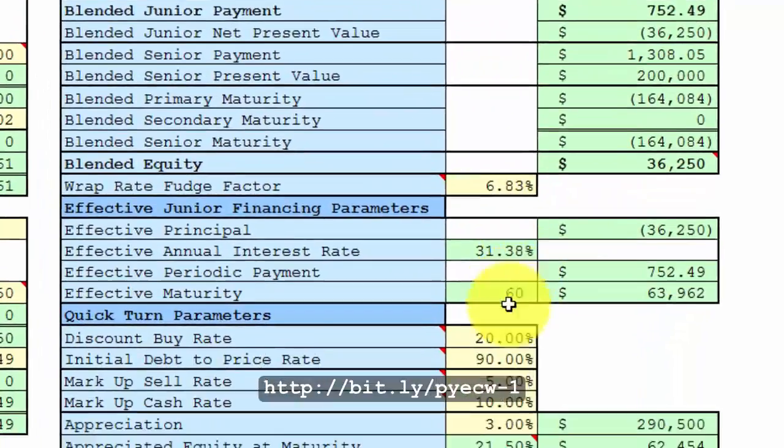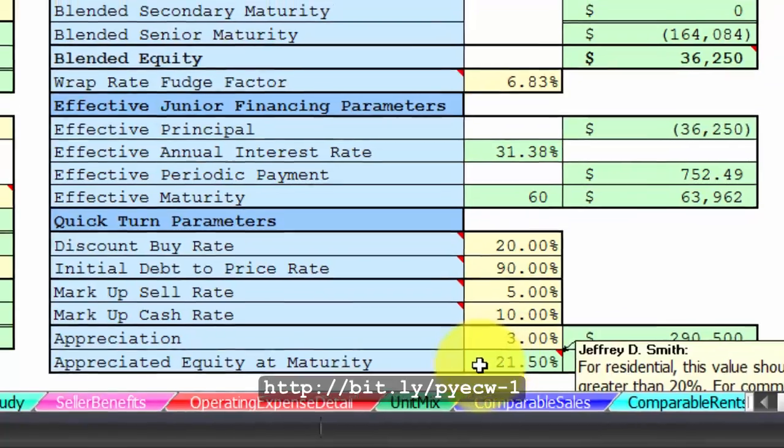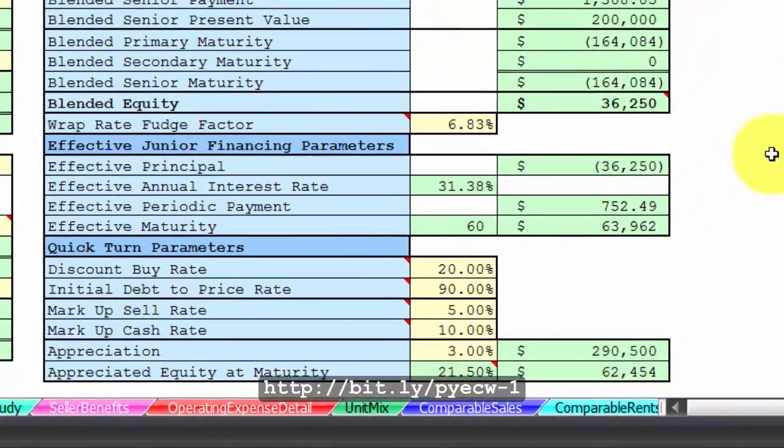And the buyer, assuming a 3% annual appreciation rate in the price of the house, will be worth $290,500 after 5 years. That's creating $62,454 in equity. His margin of equity is 21.5%.